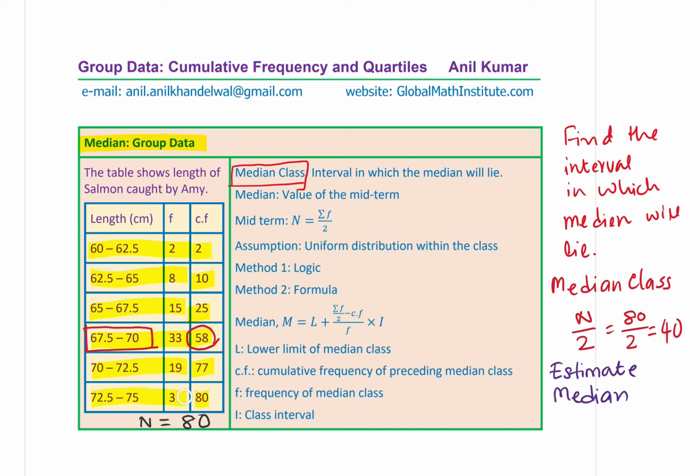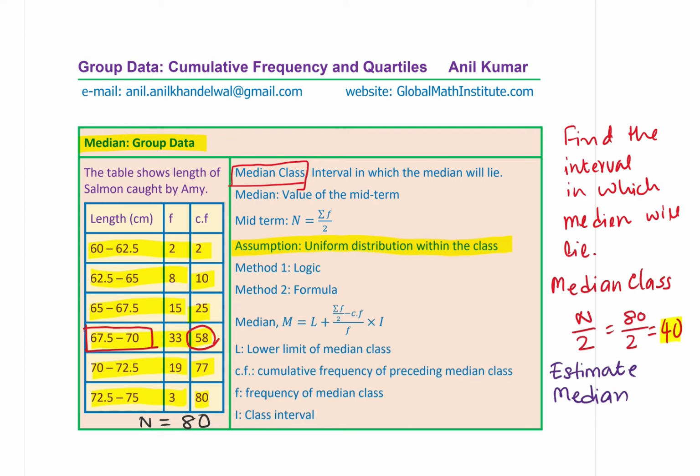Correct? And therefore, what we do here is make an assumption, and the assumption is that all the information is uniformly distributed within the class. That is to say, when we have a median value at 40, we're looking at the interval from 67.5 to 70.